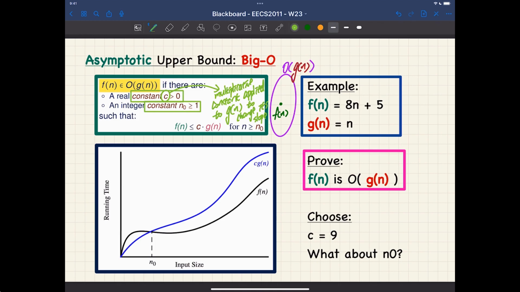Okay, I'm going to visualize that. For now, you just have to remember it's going to be a multiplicative constant, and its purpose is to change the slope of g(n). That's the purpose. And what about n0? n0 over here is the starting point of the upper bound effects.